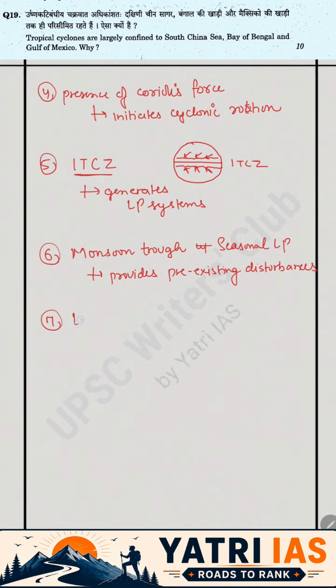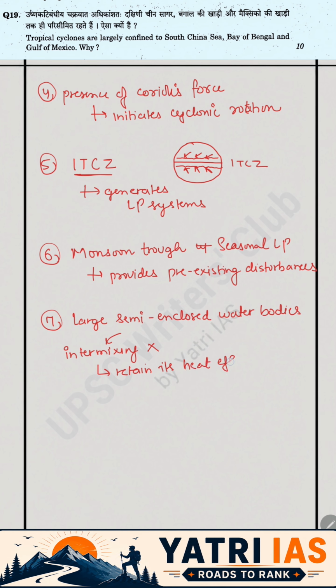These are very large and semi-enclosed water bodies. And in these, intermixing of water does not take place, which helps in retaining heat efficiently and helps in rise in sea surface temperature.